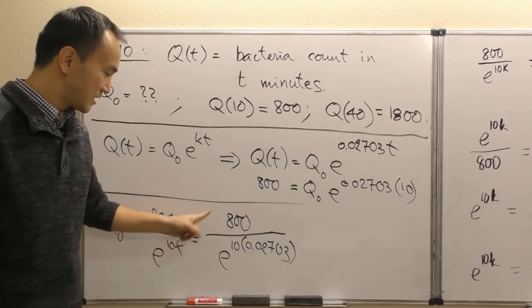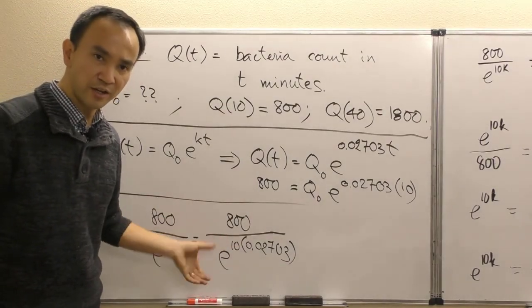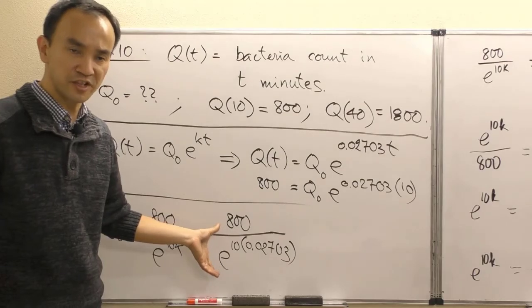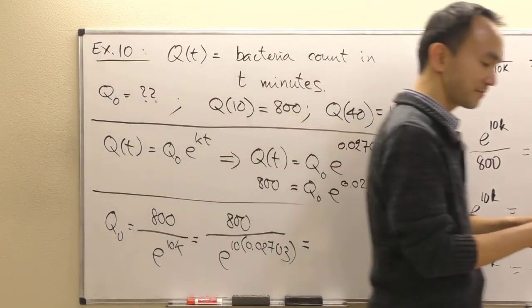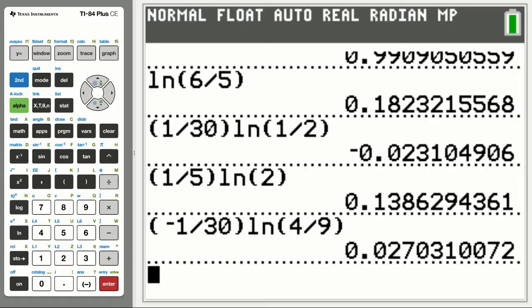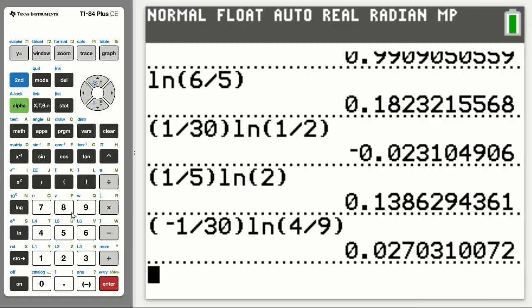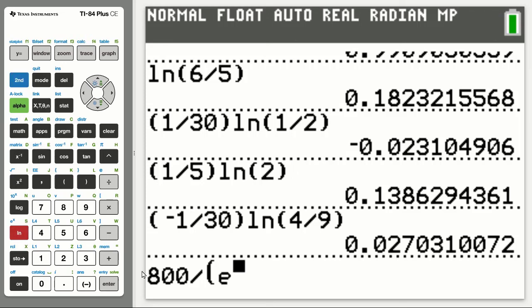All right, so now it's just a matter of heading over to the calculator and punching in this expression to get a value. So now on my calculator, 800, I'm dividing by e to the 0.02703 times 10.